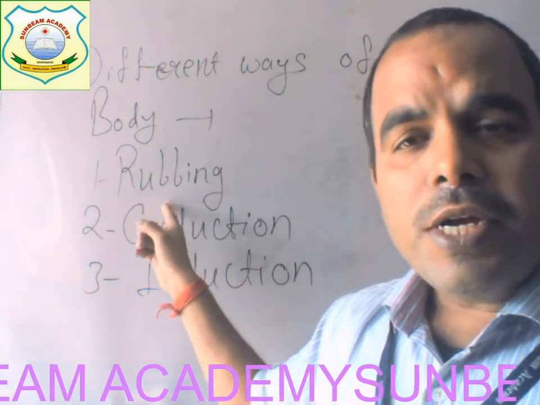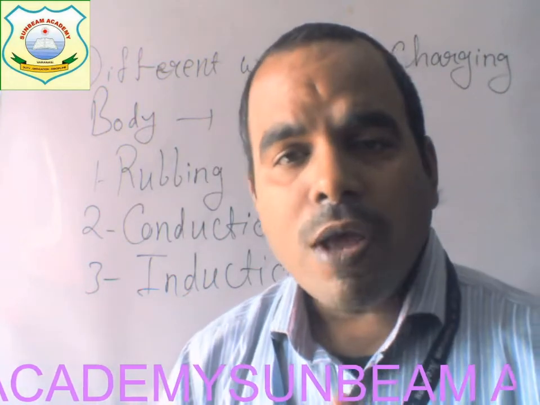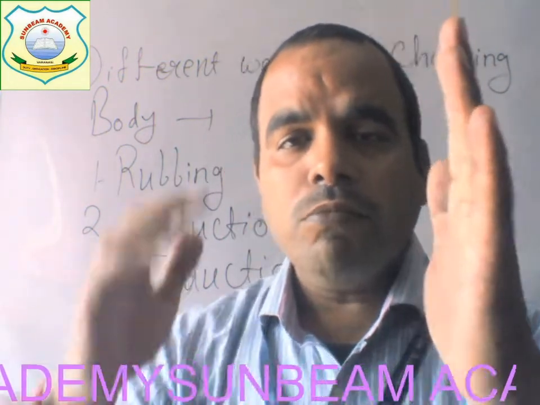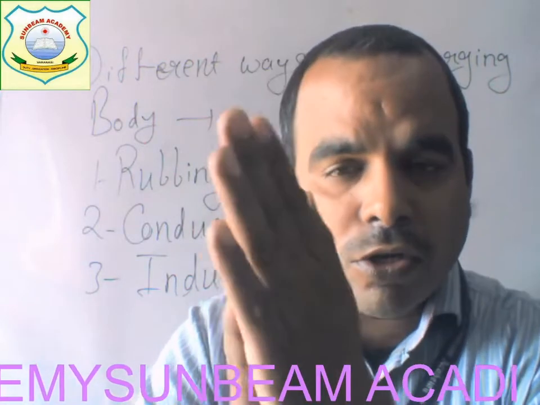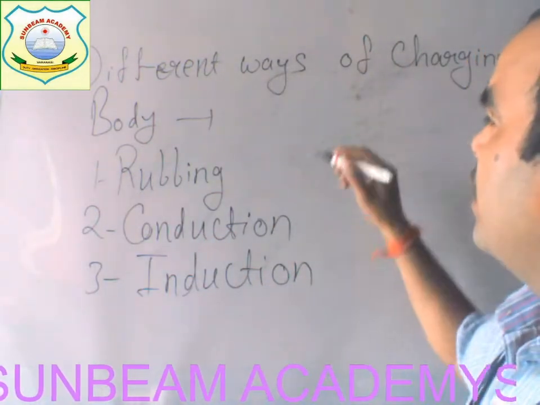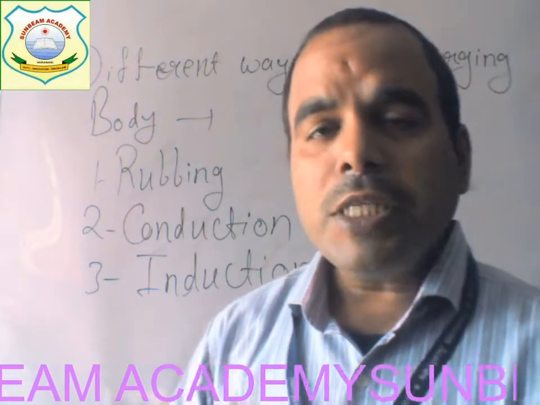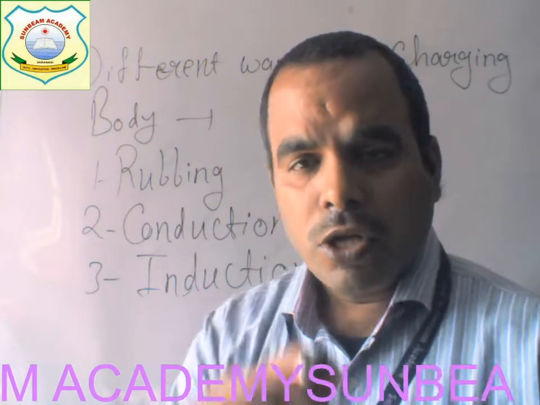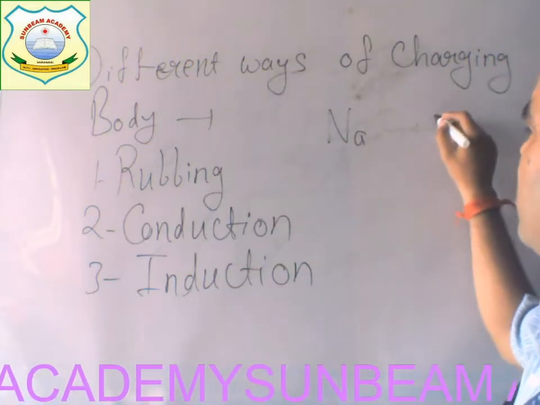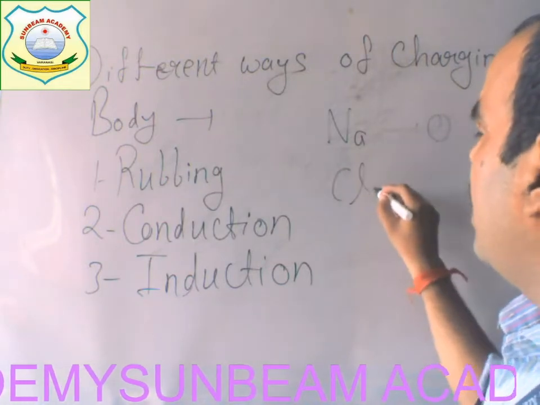You have already discussed rubbing. You know about sodium and chlorine when we rubbed them. We already discussed that if we think about Na, how many charges are on the atom? You said very clearly 0. How many charges on Cl?